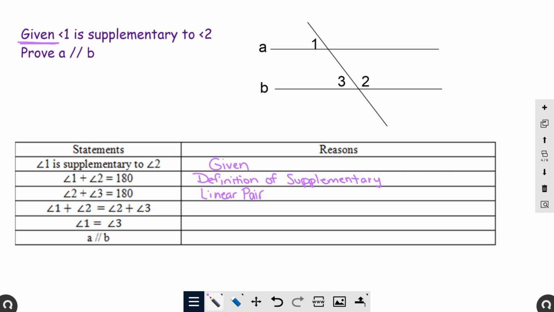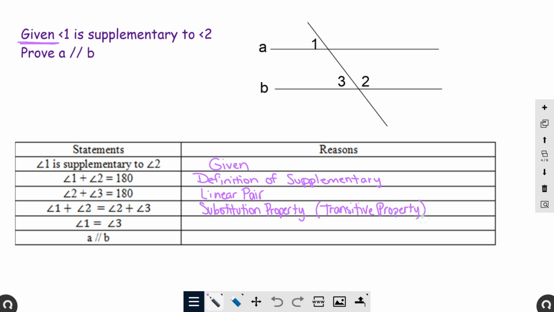No, you're right. You can say substitution. What's the other one that you can use? Transitive. You could say either one of those. So substitution or transitive, because they both equal 180, so they both equal each other. So substitution property or transitive property would work. I would accept either one of those.